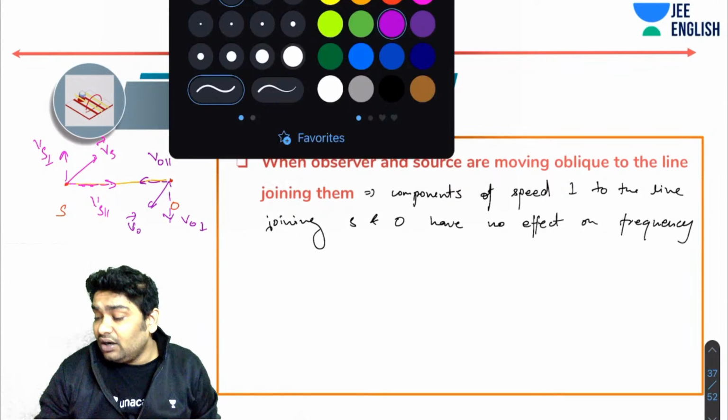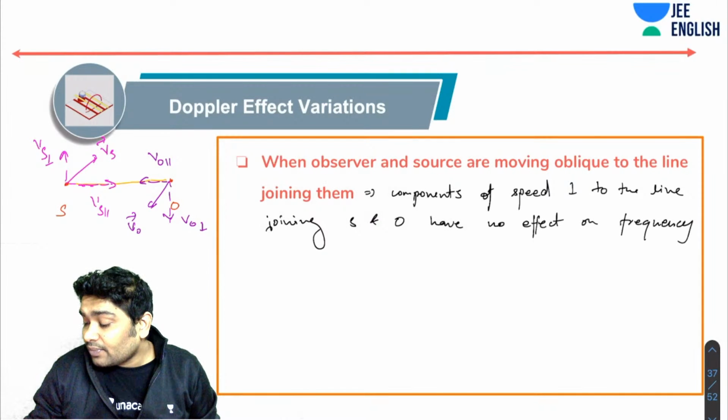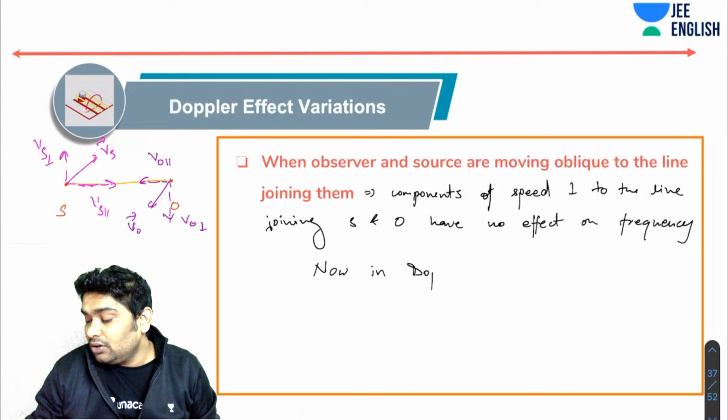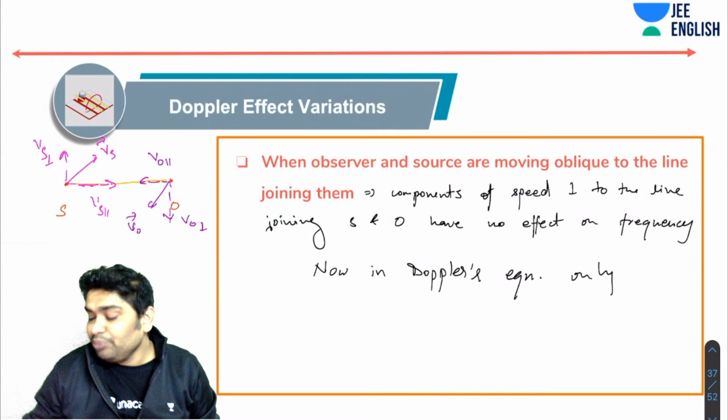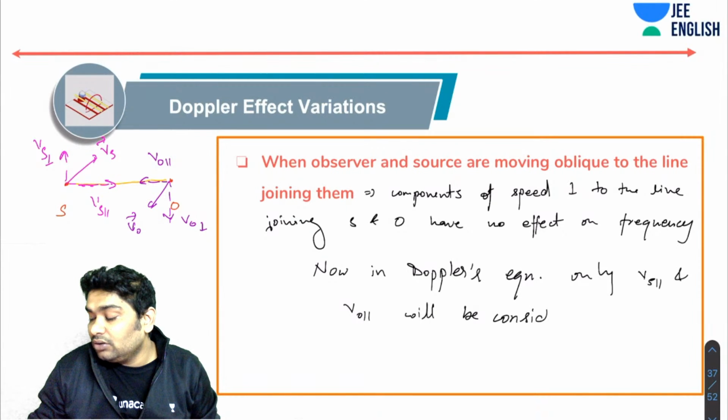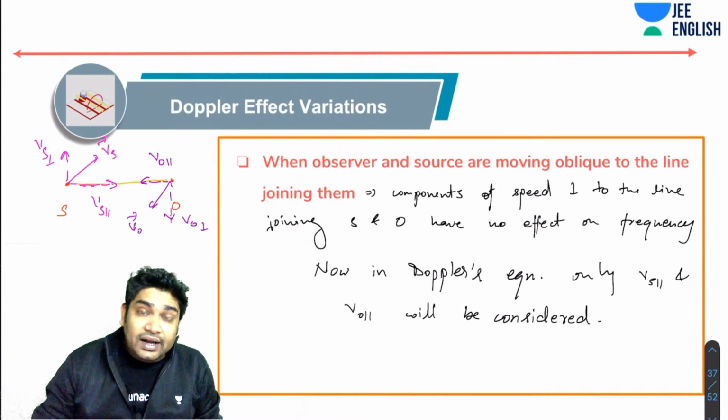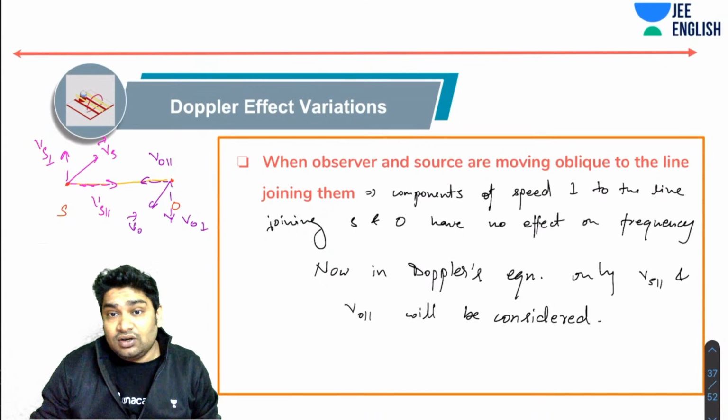So in Doppler's equation, Vs parallel and Vo parallel would be considered. That is something very, very important that you need to know about this effect. Again, IIT JEE Advanced has asked a lot of questions about this, so you should be aware of this.